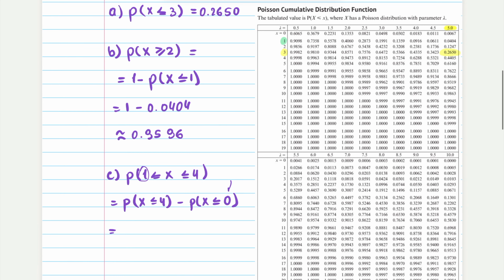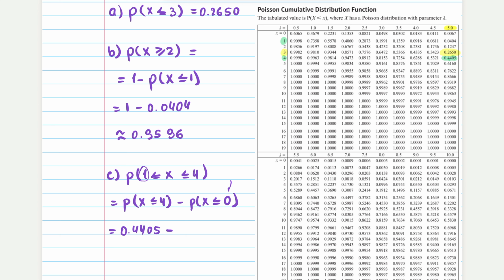Okay, so again we are going to use the cumulative distribution table. So x is being 4, the same lambda stays the same, x is being 4, so that gives us the probability up to 4, 0.4405.